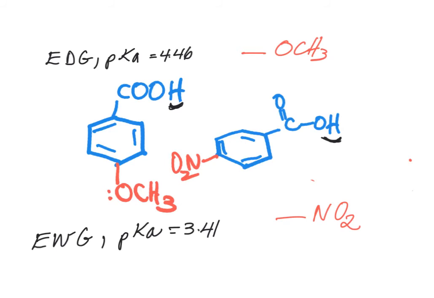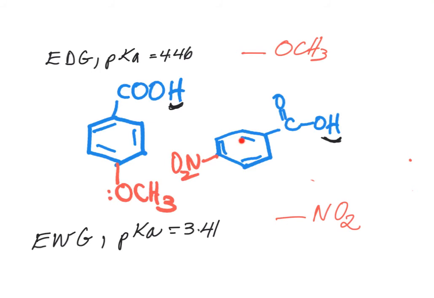And in here I'm showing you guys how the hydrogen that is attached to a carboxylic acid group of a benzoic acid is going to be influenced by 2 different groups. One that is an electron donating group that is increasing the electron density of the ring. If we have an electron donating group, the hydrogen is less acidic. It has an increase in the pKa.